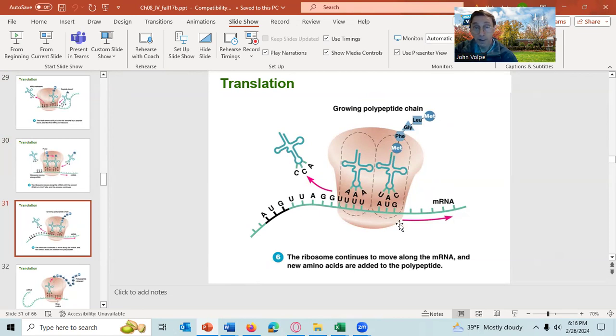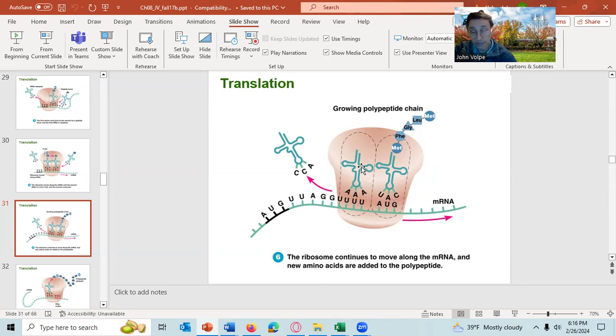All right, so this process will continue with the ribosome moving down the codon, allowing the tRNA to come in and then read the codon on the messenger RNA, bringing in the correct amino acid. And as I stated, we say that the ribosome reads the messenger RNA.